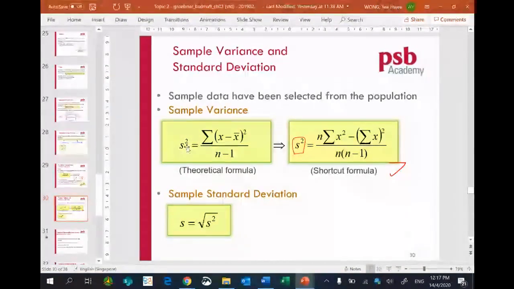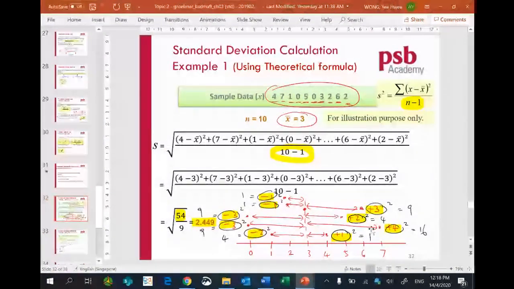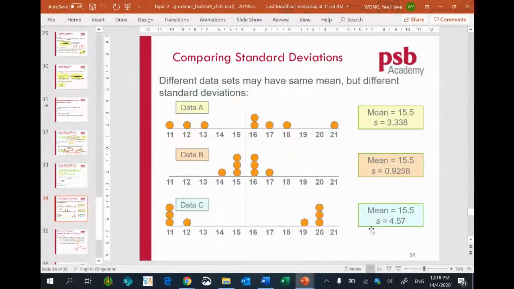So if you square the S, it will become variance. So between the two formulas we are going to use this to do a hand calculation. Yeah, use a shortcut formula. Once you get this S square, which is a variance, you just need to square root to get S, which is the standard deviation. Alright, so this is just an illustration.